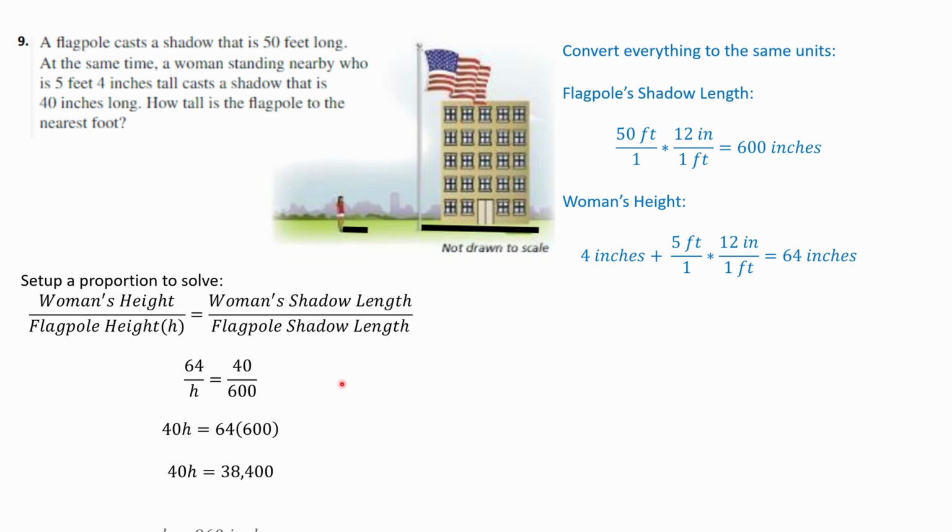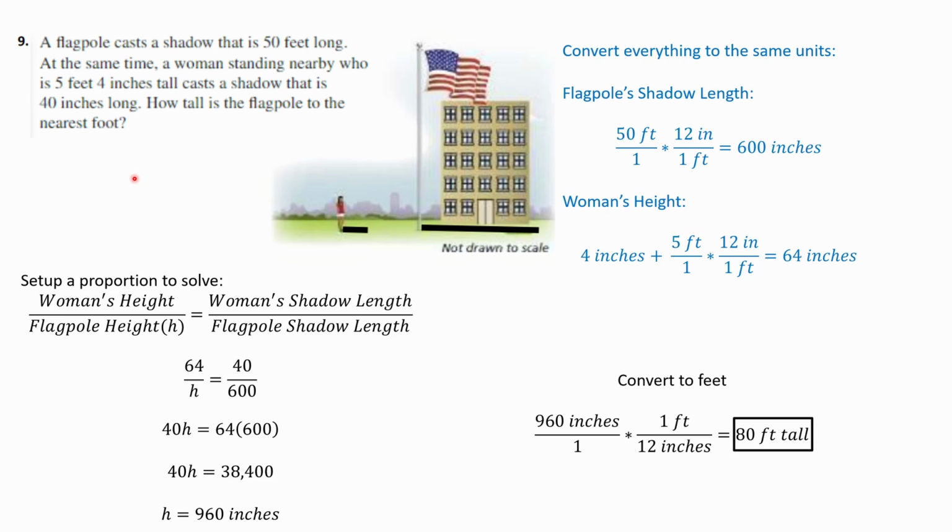And if I divide that by 40, I get a height of 960 inches. Now, it asks for the nearest foot, so I need to convert everything back to feet. So 960 inches divided by 12, and I get a grand total of 80 feet tall. So the flagpole is 80 feet tall.